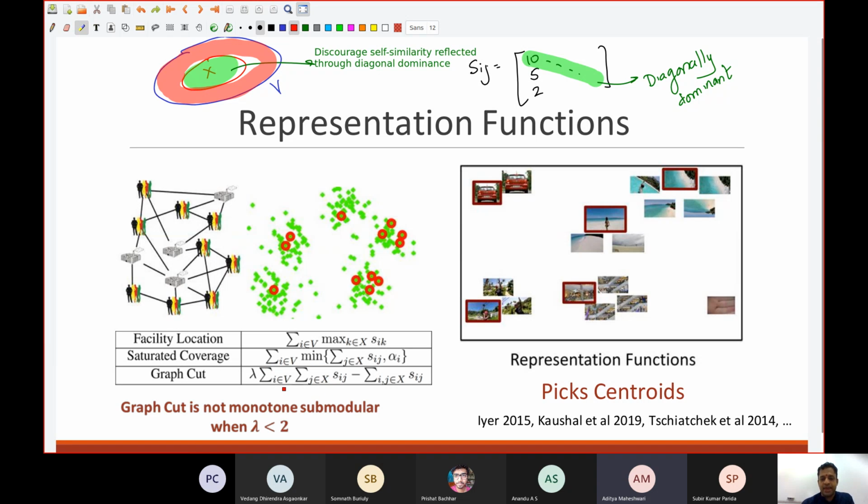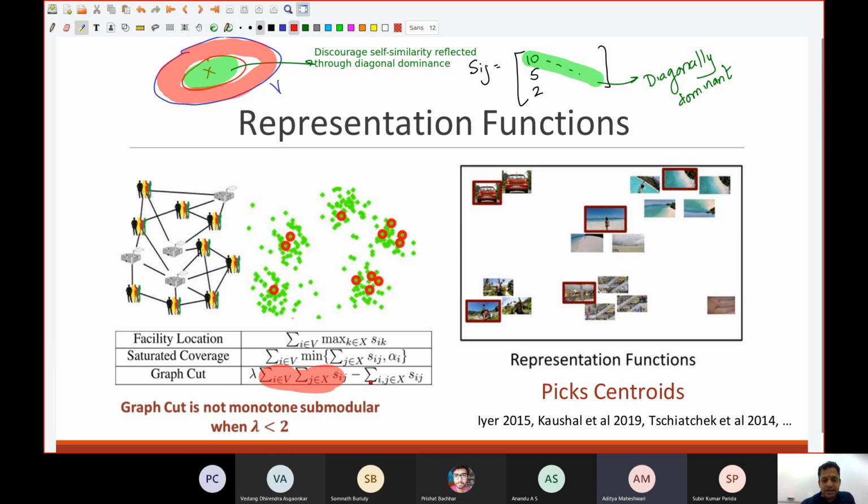In some sense, i in X, j in V, but I'm doing a subtraction. This is the representation part, a sum overall, so it's summed, not max. Very similar to the saturated coverage case, just that you don't have a min, there's no alpha i.